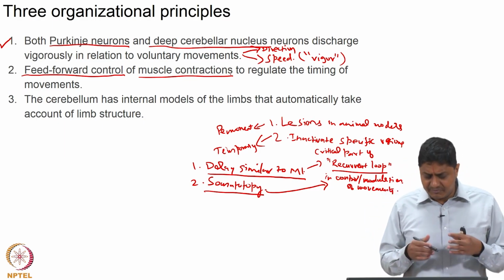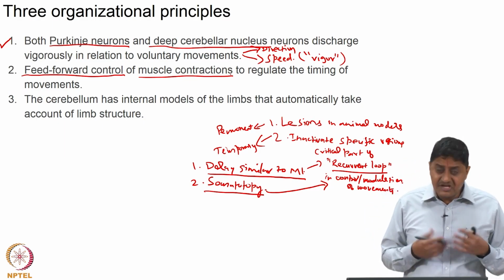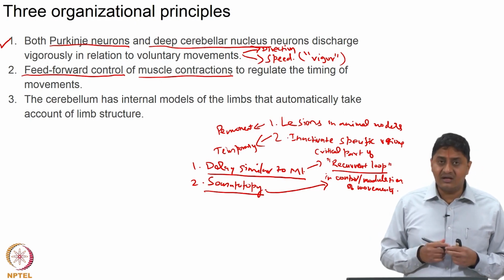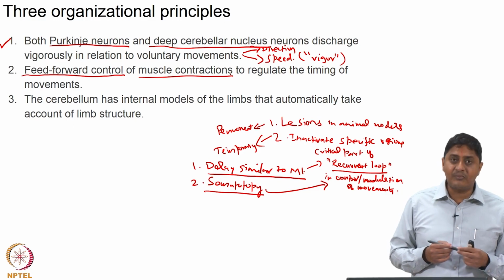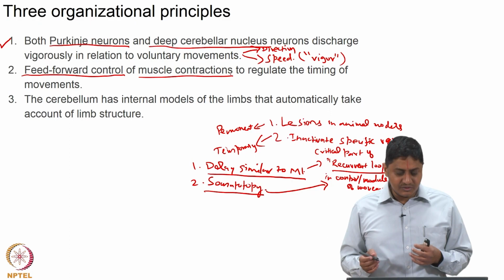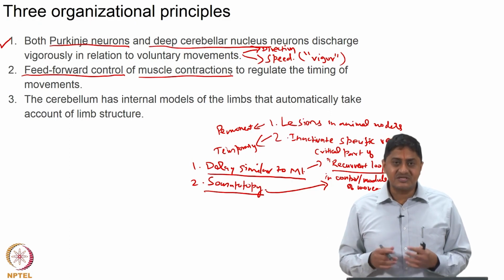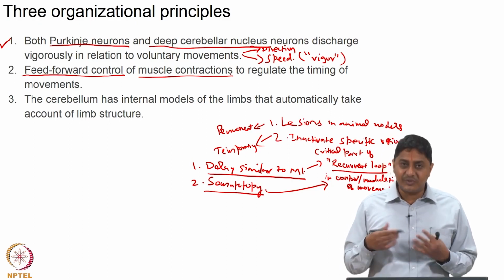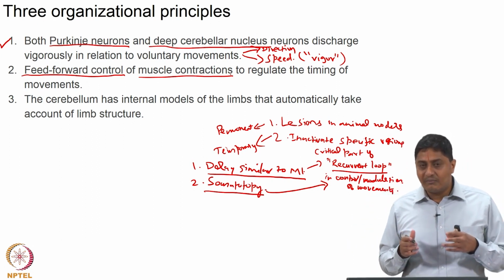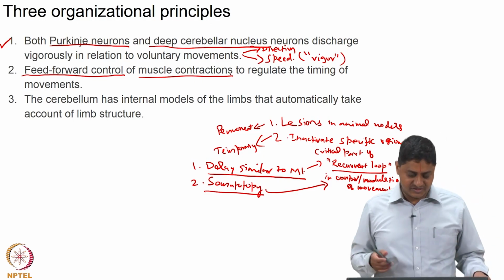People who have lesions of the cerebellum show typical inability to properly time and sequence movements. So that also tells us that cerebellum probably participates and contributes in anticipation of movements or proper muscle encoding of these movements that are required.